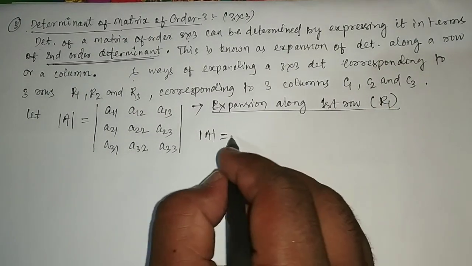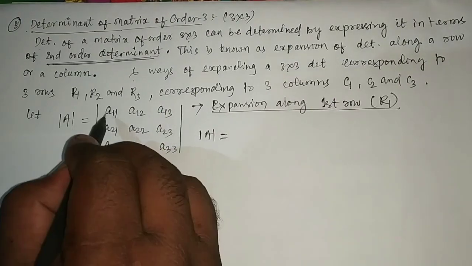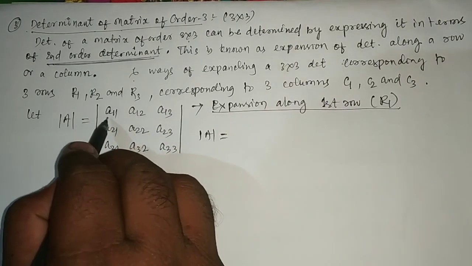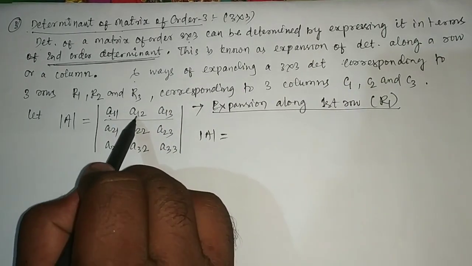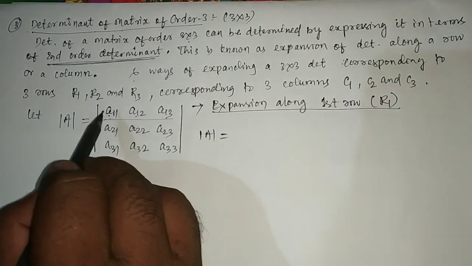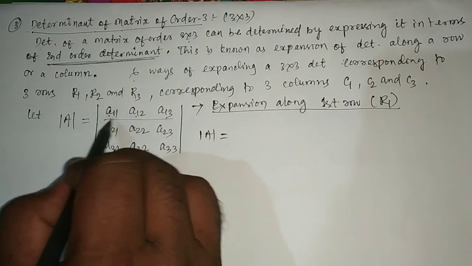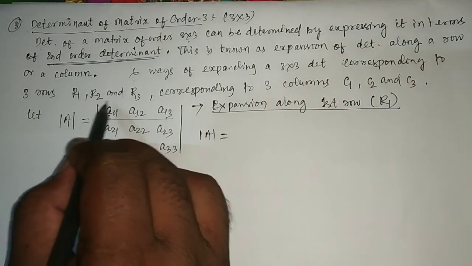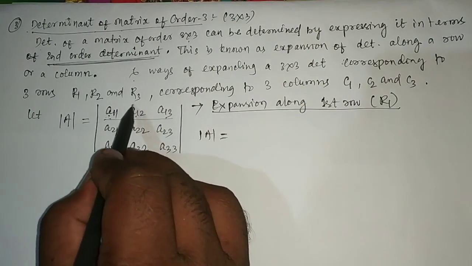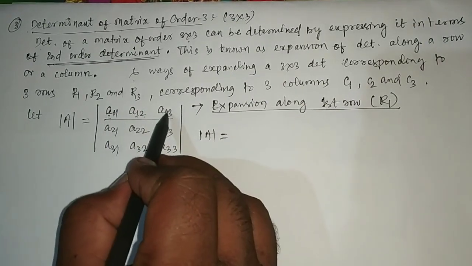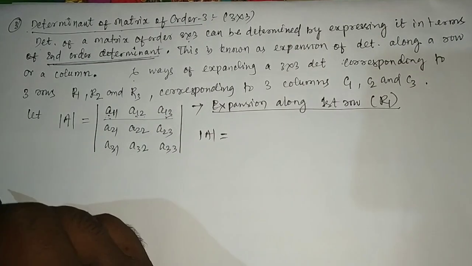First write down, look here, in the first row there are 3 elements A11, A12, A13. In this element the suffixes are 1 1. In this element suffixes 1 2. In this element suffixes 1 3.